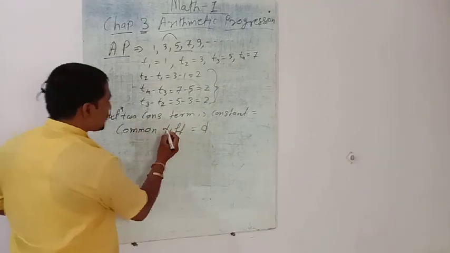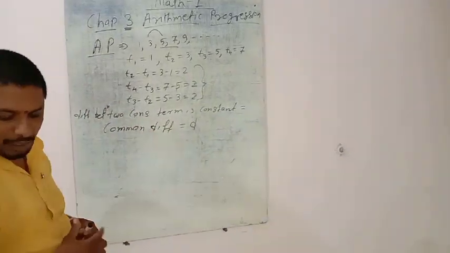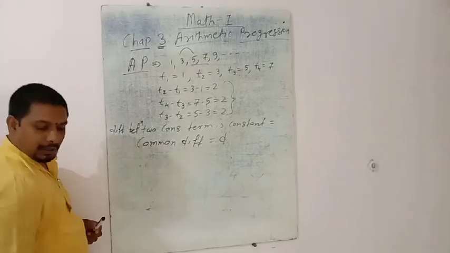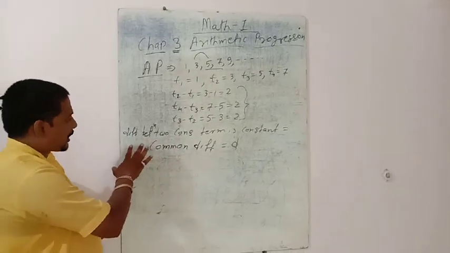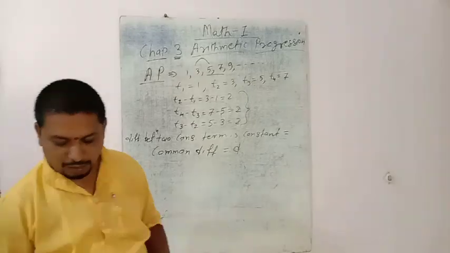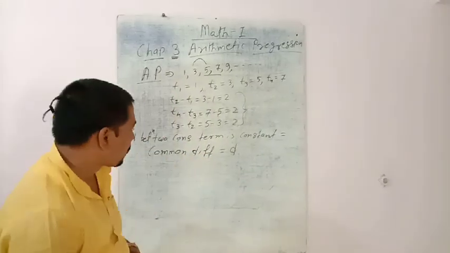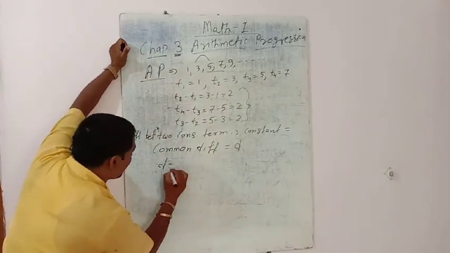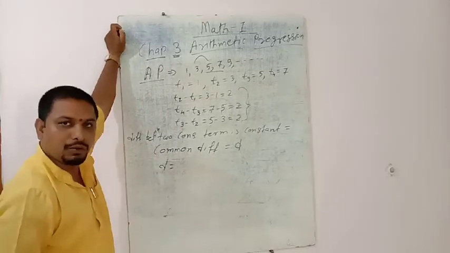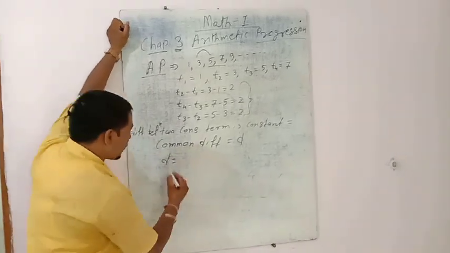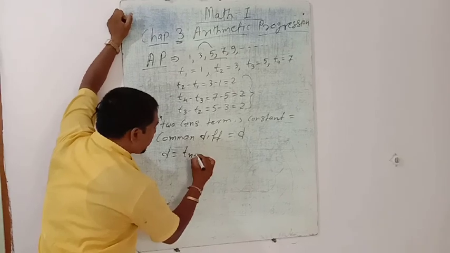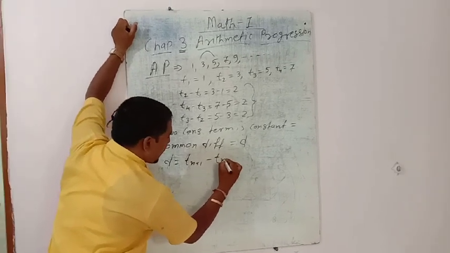We know that the difference between two consecutive terms is constant, so the formula of D, the common difference, is Tn plus 1 minus Tn.